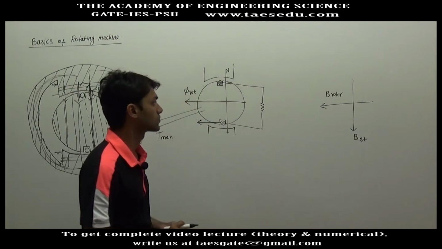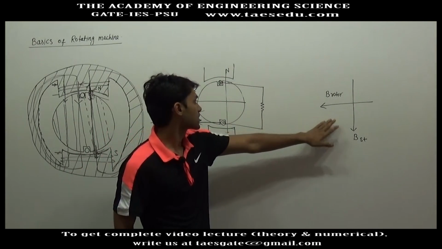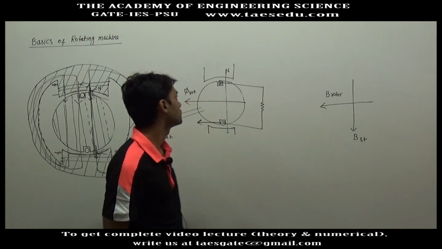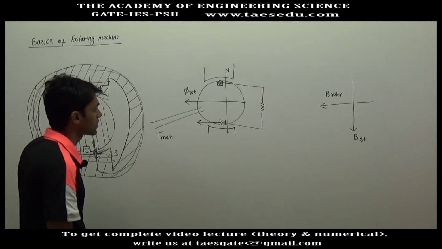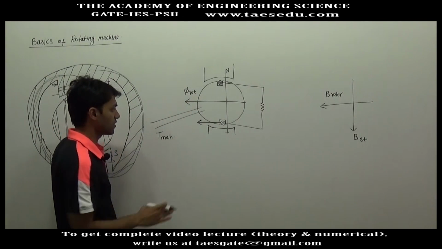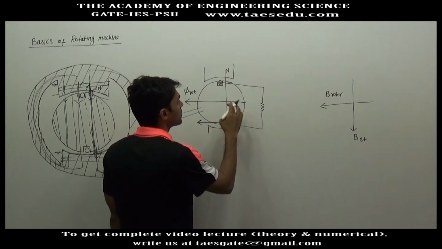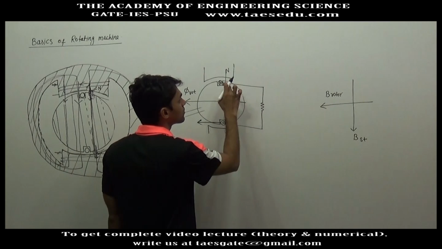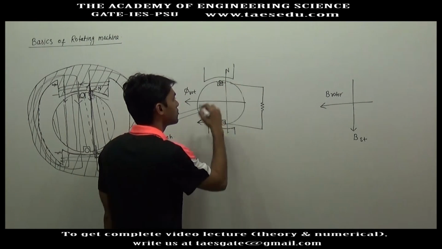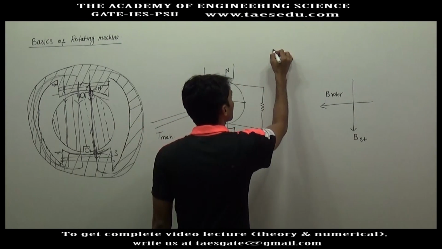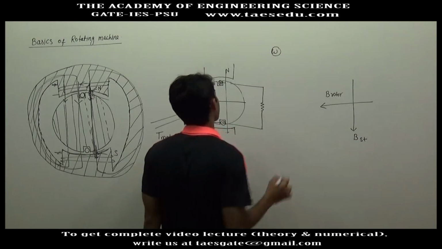Okay. So before talking about the direction of field and north pole and south pole, there is one question. Suppose you applied a mechanical torque and gave a clockwise speed to a rotor, and let's say omega is the angular velocity.